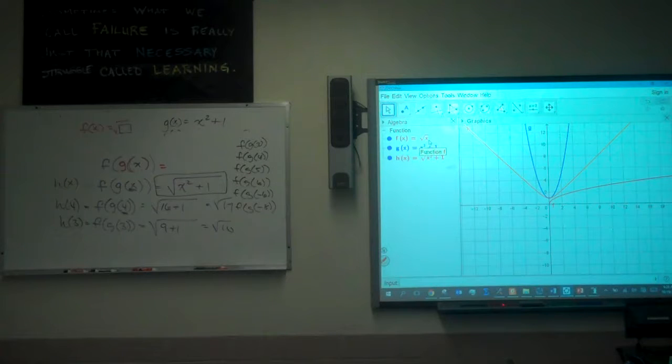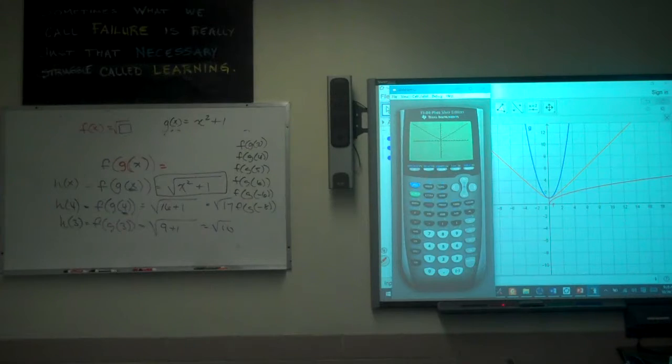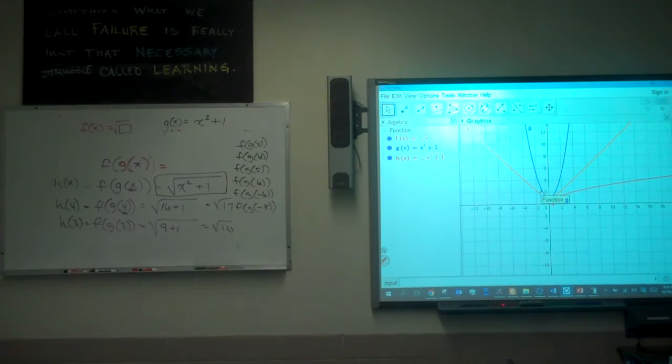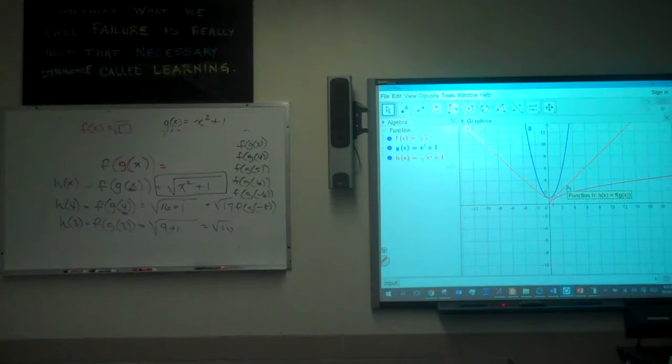If I plug in radical 10, and we go back to radical 10, I think it was like 3.16, okay, well look at 3, look at the orange curve, okay? That value right there is pretty close to 3.16. Does that make sense? Okay. So that's how we're getting these points to graph that composite function. Okay. We'll talk about how the domains of these things impact the orange curve tomorrow.